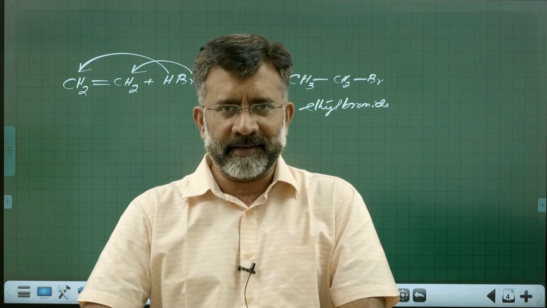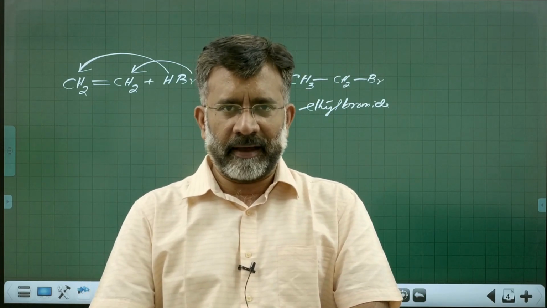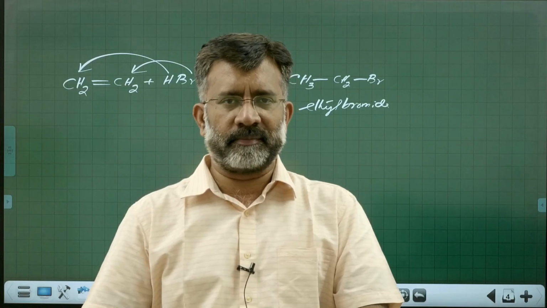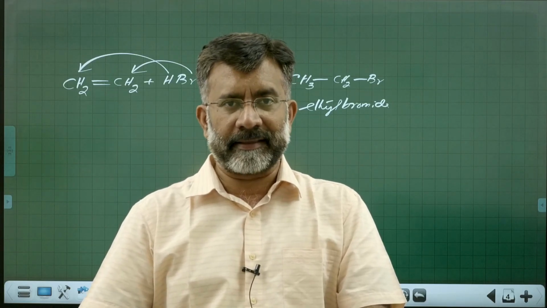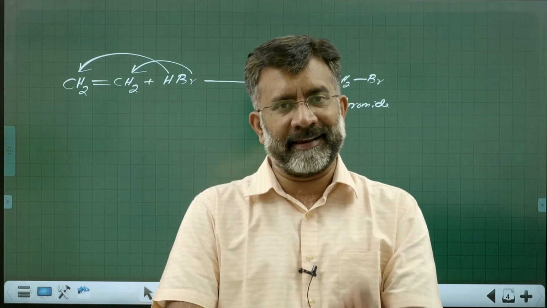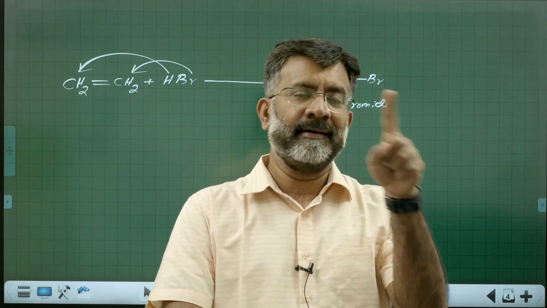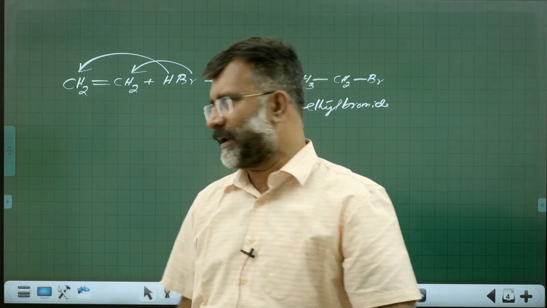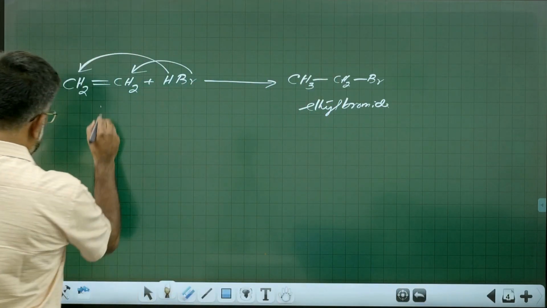In the rate determining step of the reaction, the alkene group is attacked by or is attacking H plus. It is an electrophilic addition reaction. The electrophile is added in the rate determining step. Right? Hope you remember the mechanisms involved.